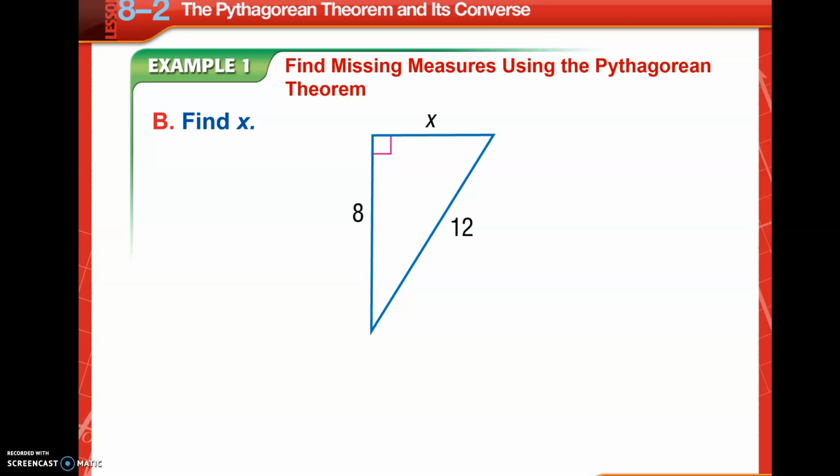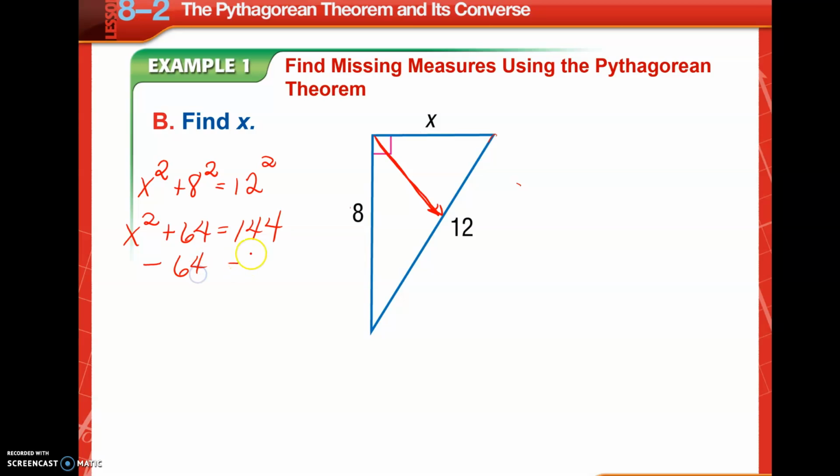So I know the Pythagorean theorem says the two legs squared, so x and 8 are both legs. So x squared plus 8 squared equals the hypotenuse. 12 is the hypotenuse because it's straight across from the right angle, so equals 12 squared. We simplify that: x squared plus 64 equals 144, and then I'm going to subtract 64 from both sides as I'm solving for x.